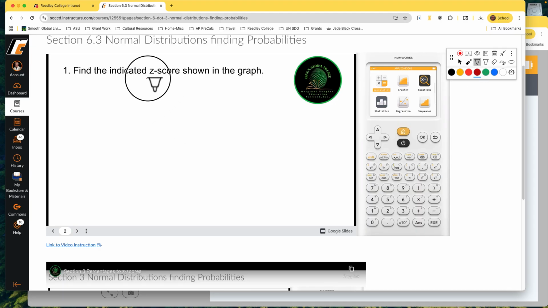Okay. So remember, the z-score is a standard score. There's a formula to get at it, but the z-score applies to what kind of a normal distribution? A regular one or a standard one?